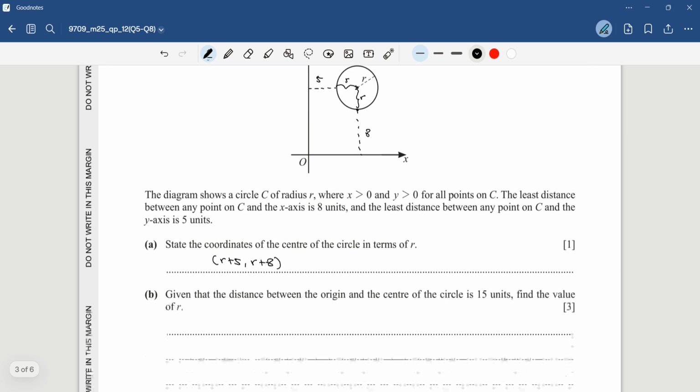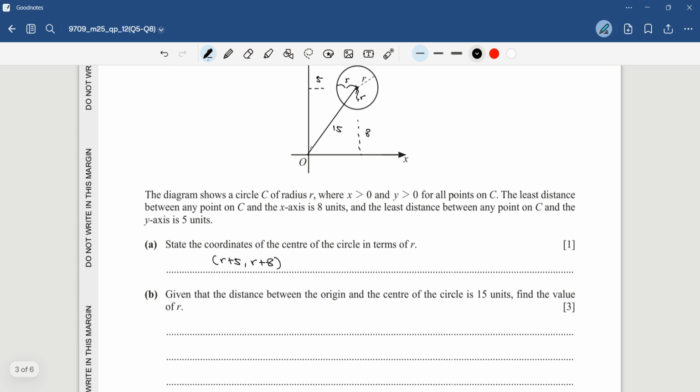And then, given that the distance between the origin and the center is 15 units, find the value of r. Here the question said this particular distance is 15.